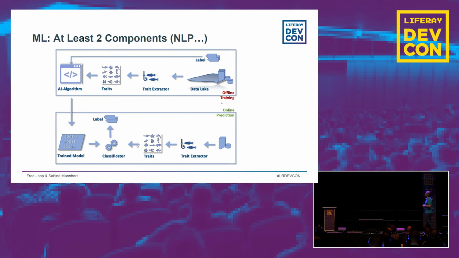So our idea was that at least we would need two machine learning components, which are on the basis of natural language processing. One component is the offline training component that you see on the top, and that basically crawls through the databases, looks for traits, extracts those traits, and sets them up in some kind of hierarchy or clustering.